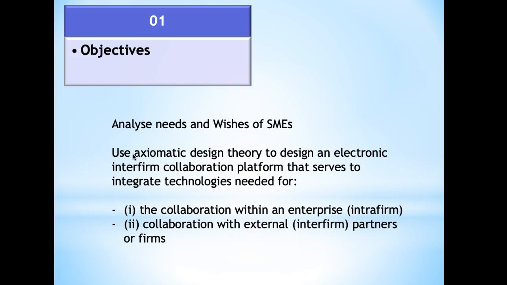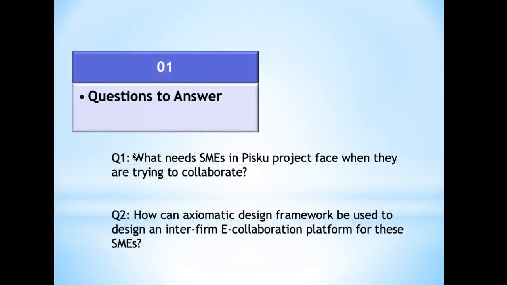These services or technologies will address issues pertaining to collaboration within an enterprise, which is known as intra-firm collaboration. And secondly, collaboration with external partners or other firms apart from the firm that is trying to collaborate, which is known as external collaboration. Now, at the end of this research or project, we will be able to answer two questions.